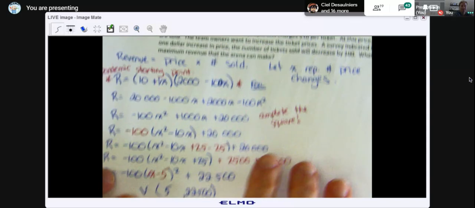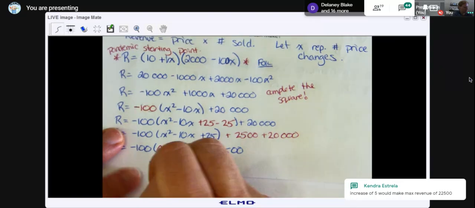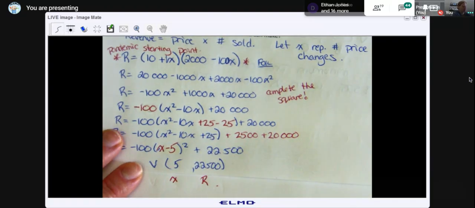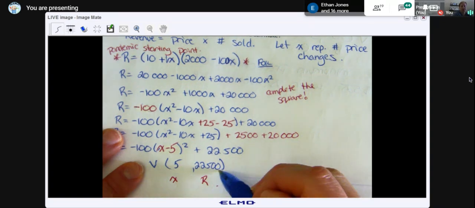So Kendra said, well, maximum revenue is $22,500. Exactly. Now 5 isn't the price, it's the number of price changes. So remember that the price was 10 plus x. So that means that our price is going to be $15. That will maximize revenue.